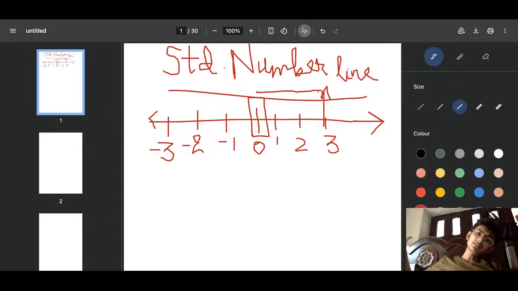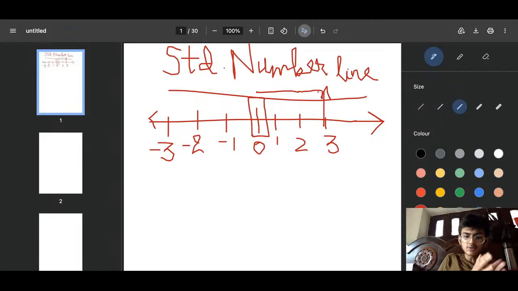So when you are coming from 3, you are moving in the left direction. You are crossing infinite numbers to reach an integer just lesser than 3, that is 2. Again I am repeating. Suppose you are at 3 and you are walking in the left direction.